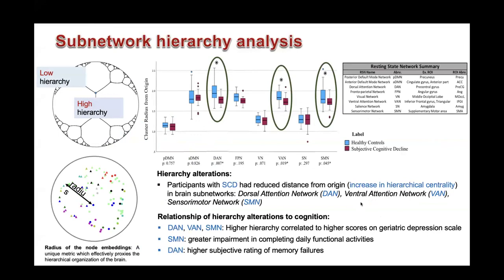What is the difference in hierarchical changes in different subnetworks? Here is the dorsal attention network, the ventral attention network, and the sensorimotor network. The blue bars show the healthy controls, and the red ones show the subjects in cognitive decline.